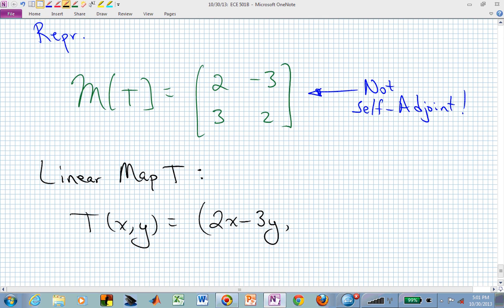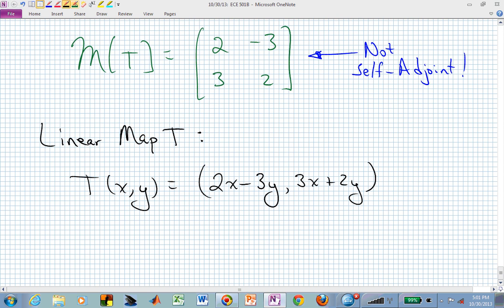What's the second coordinate? Three x plus 2y. Now, what's the matrix? So that was sort of an aside, but that's sort of a review question.